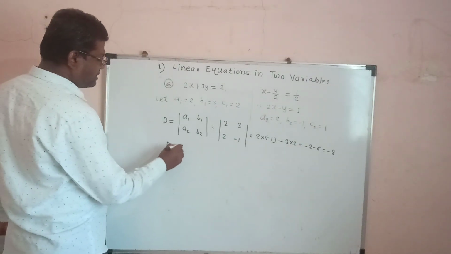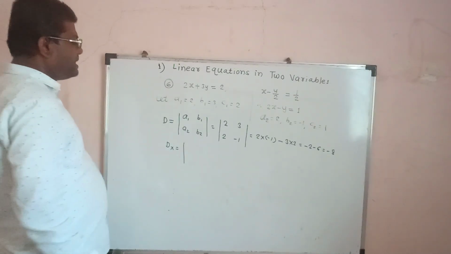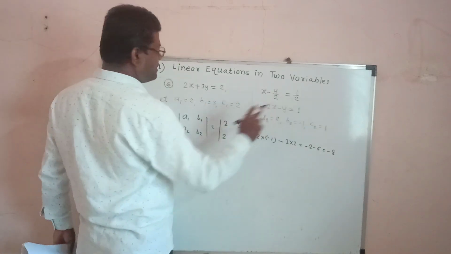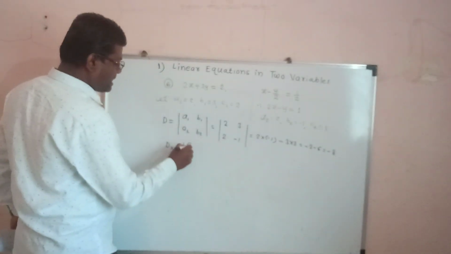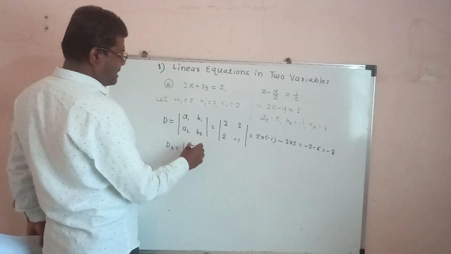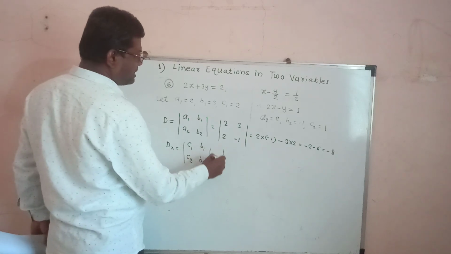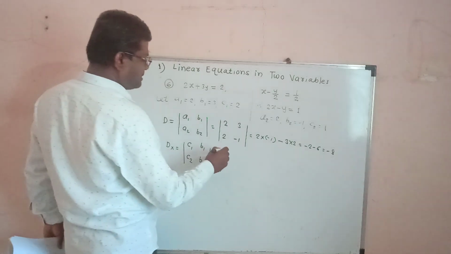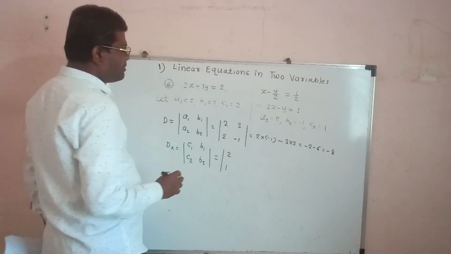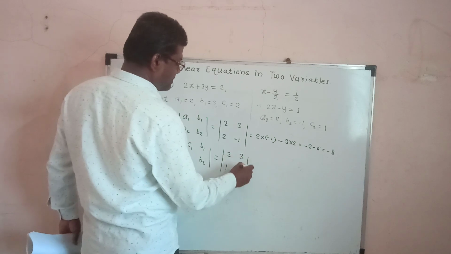Now dx. We find the second determinant dx by replacing the numbers a1, a2 by c1, c2. Therefore, we write in first column c1, c2, and in second column b1, b2. C1 is 2 and c2 is 1. Now b1 is 3 and b2 is minus 1.